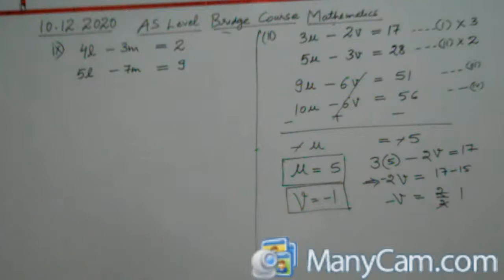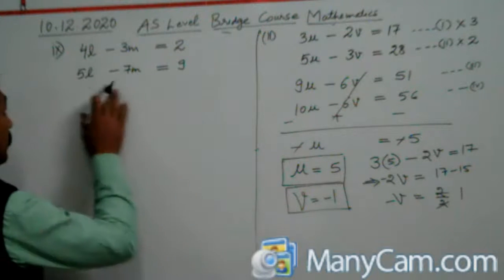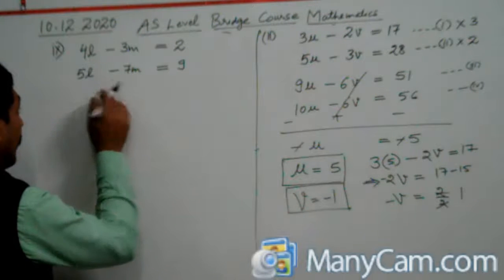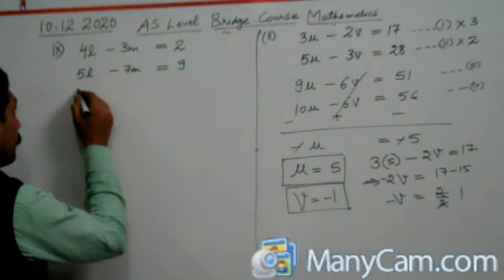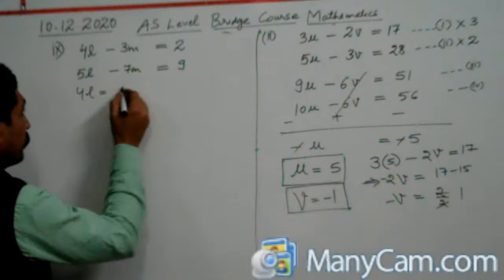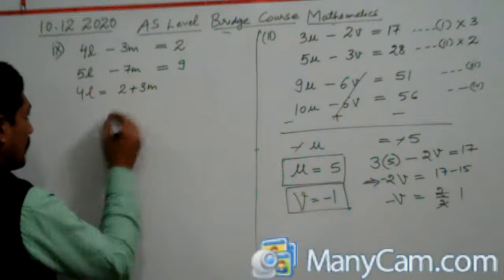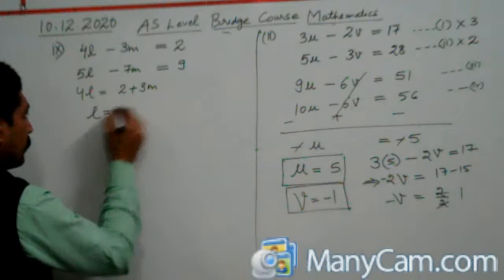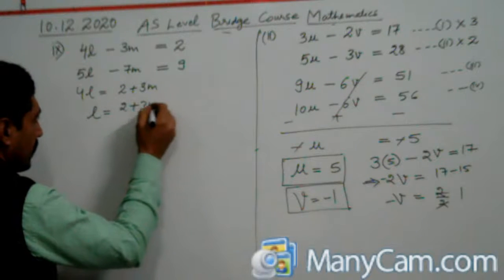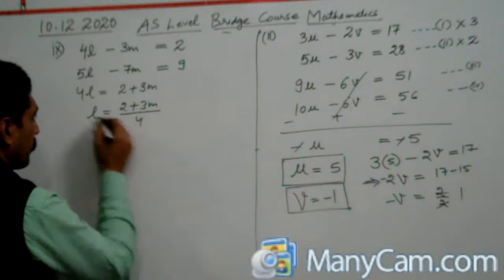So here, 4L is equal to 2 plus 3m, and L is equal to 2 plus 3m divided by 4.